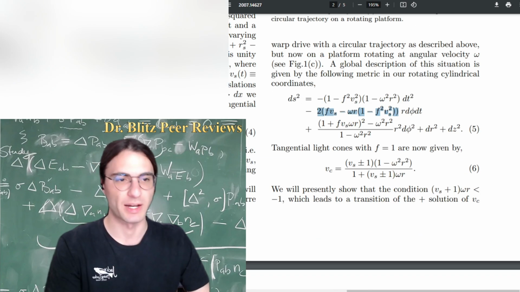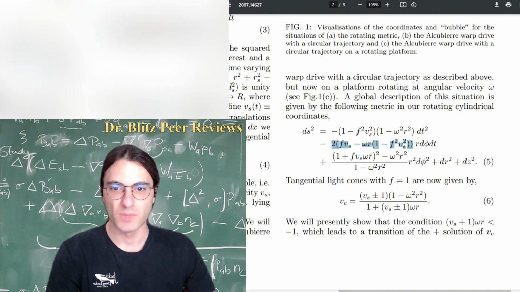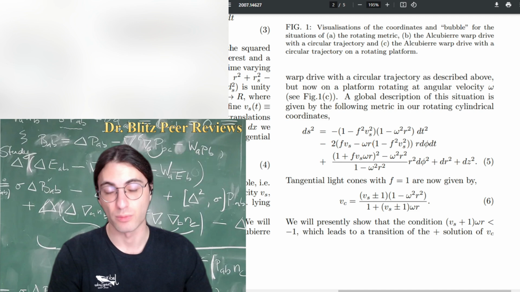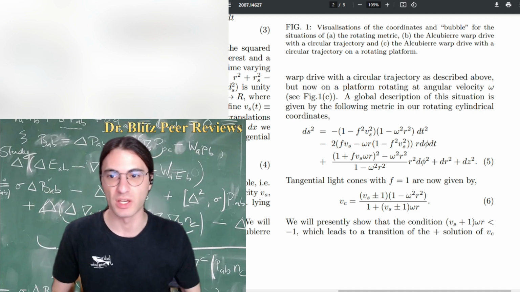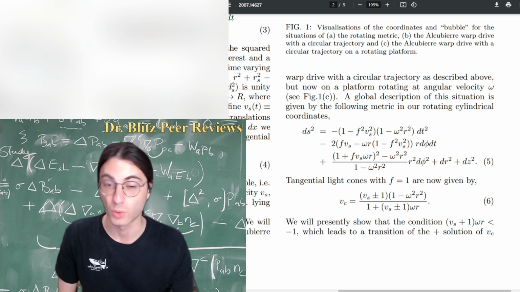So let's try to reason it out. If f is 0, which it is if you're outside the warp bubble, then this is just the normal rotating cylindrical coordinate system.